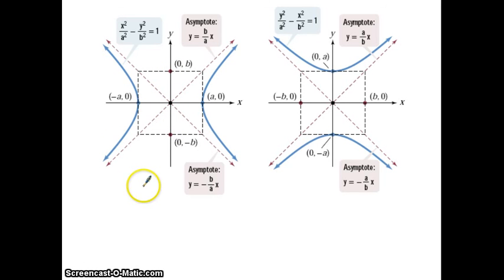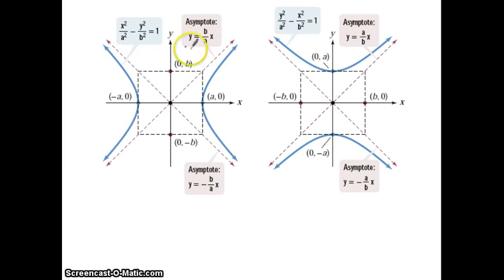What happens when you create the a and the b values on your graph is you end up making a rectangular shape, or in this case a square shape, where you can draw diagonals through, and the diagonals will bound your hyperbola. They will help you to draw the hyperbola.